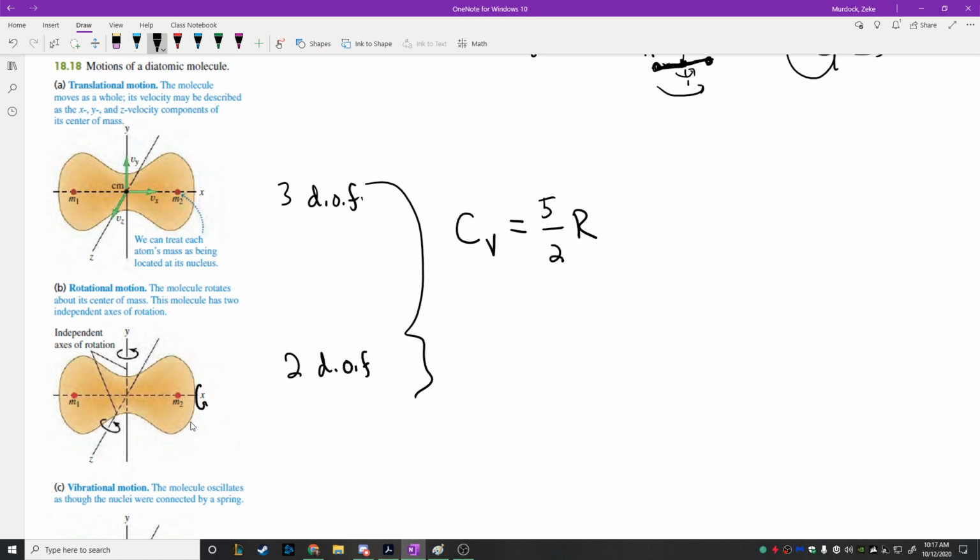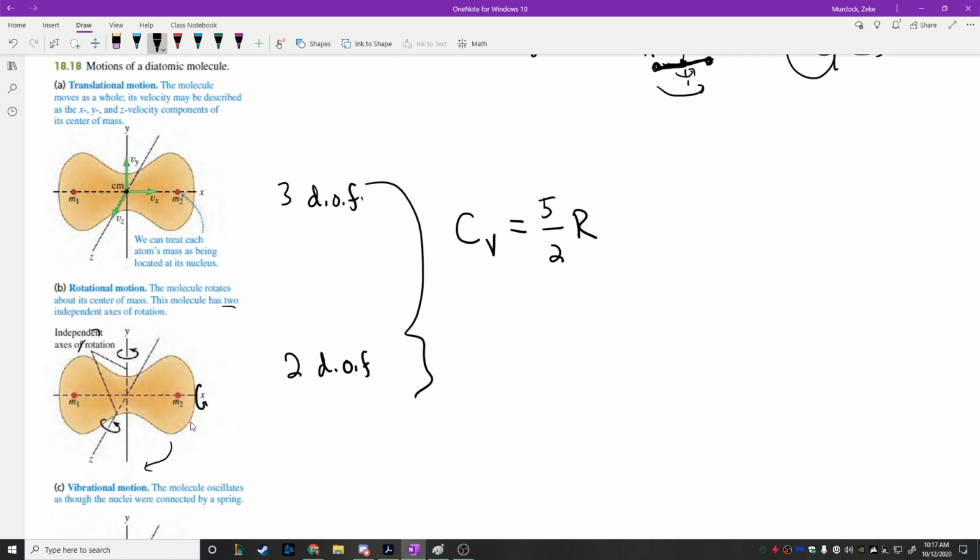Okay, so just to start from the beginning again, we say that there's 3 degrees of freedom for translational motion. You can move in the x, y, and z direction. That's pretty clear. But we're only saying that there's 2 independent axes of rotation that affect the energy of the system. One of them is along the y-axis. One of them is along the z-axis, so that causes the particle to rotate in the plane of the page, right?